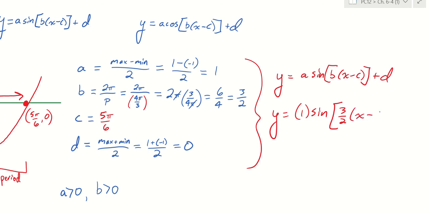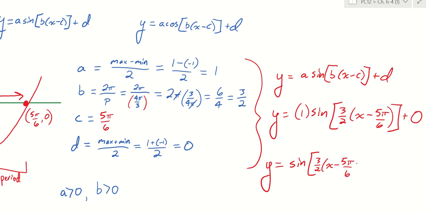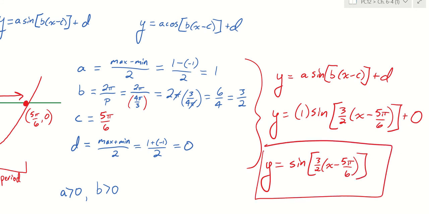Our c value is 5 pi over 6. Our d value is 0. Writing this all more simply, we don't need to write the 1. We can just write sine of 3/2 x minus the phase shift. And then we don't have to write the plus 0. This is good enough. So there you go.